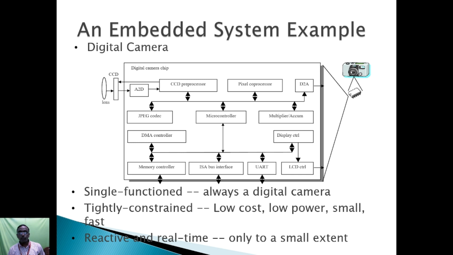From the pixels coprocessor it goes to the microcontroller, and from the microcontroller to the internal bus. On the internal bus there is a memory controller and DMA.